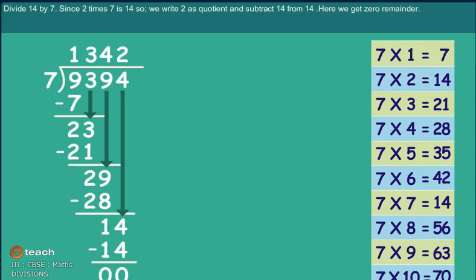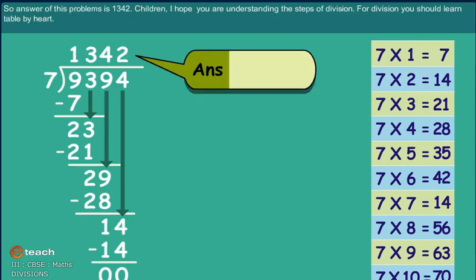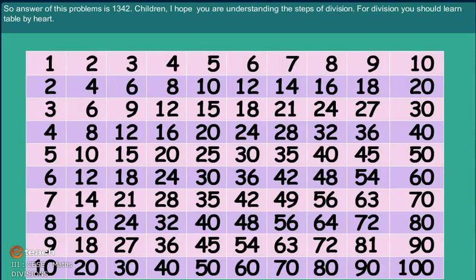There we get 0 remainder. So the answer of this problem is 1342. Children, I hope you are understanding the steps of division. For division, you should learn the tables by heart.